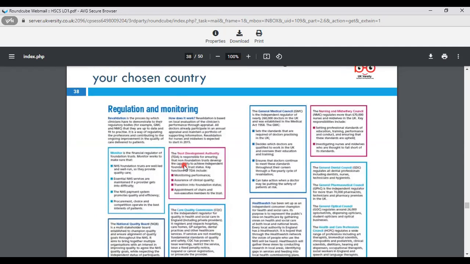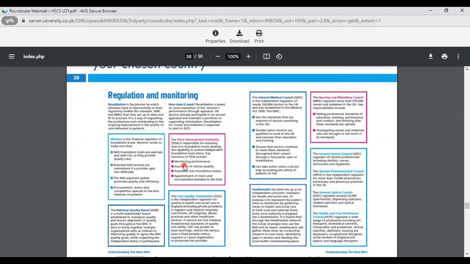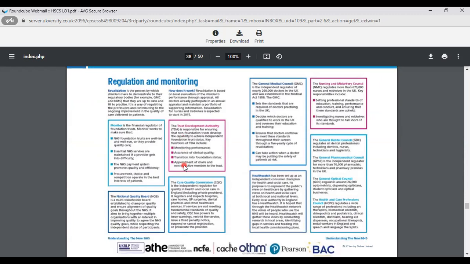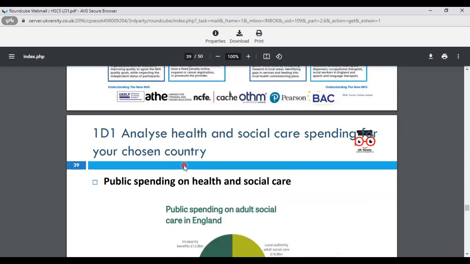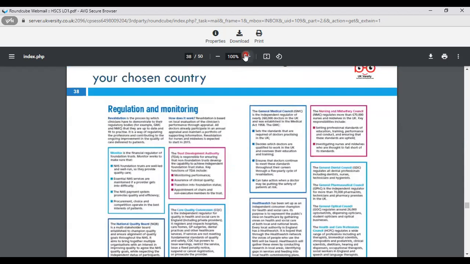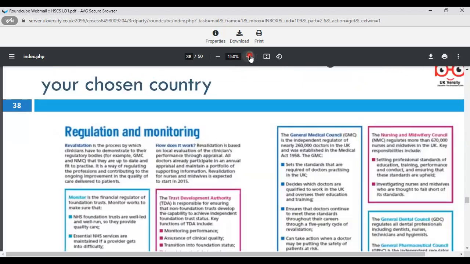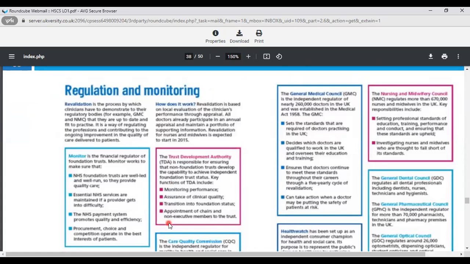So there are several ways in which regulation and monitoring goes on within the UK. We'll talk about this in detail. So if I just make this bigger, there's monitoring in which it's defined. For instance, if we take the GMC's monitoring, I'm just giving an example.